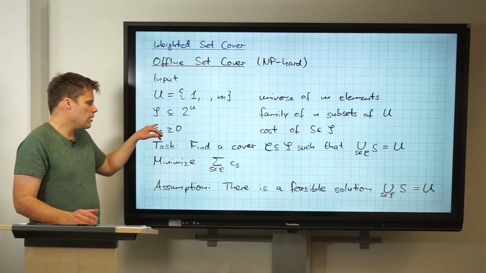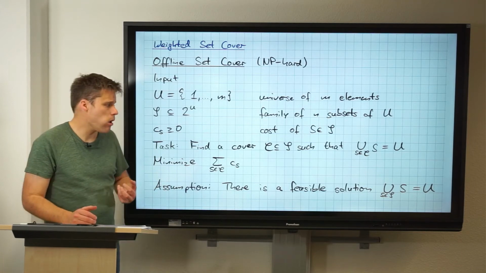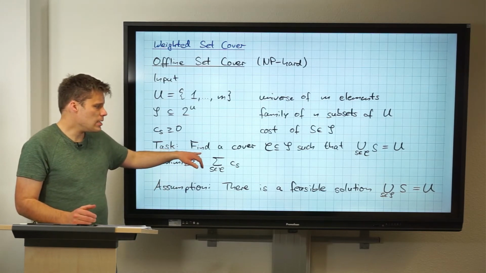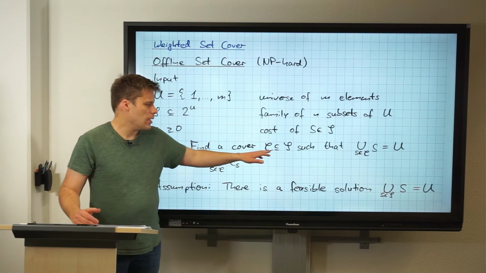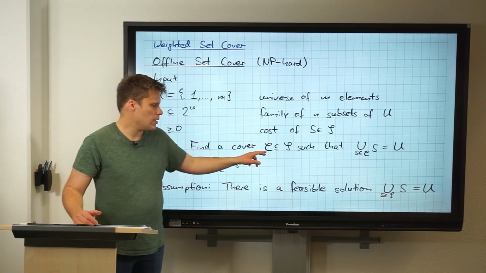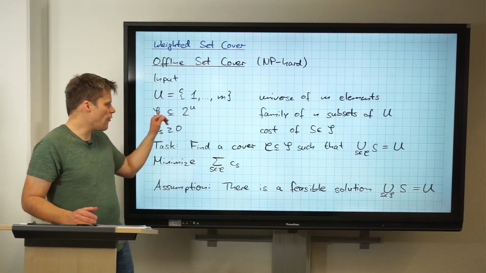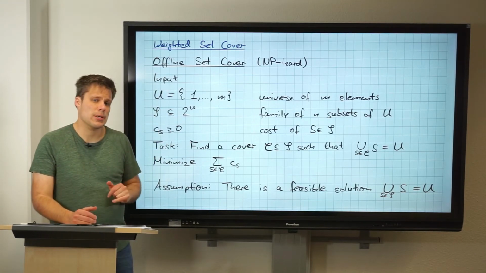And now each of them has a cost for us to hire them. Our goal is now to find a team of superheroes, which is this set C, which is only a subset of all possible superheroes that we could hire.